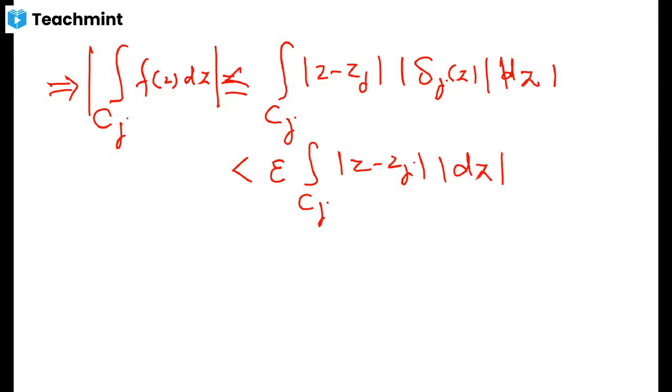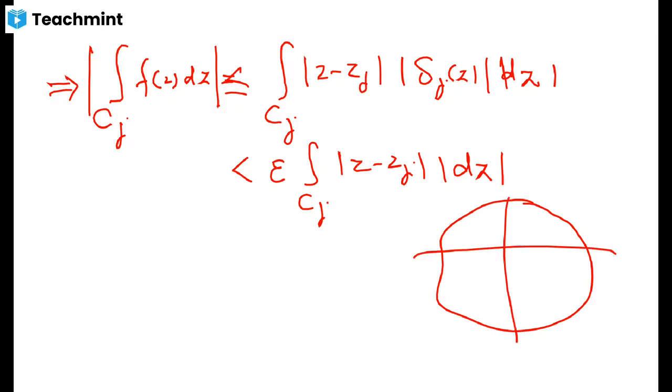So now what is mod of z minus z_j? You are in this region, and you have a certain square, and suppose this is Cj. So z minus z_j, we are taking z to be on the boundary now. So the distance of the points from z_j is less than the diagonal. What is the diagonal?